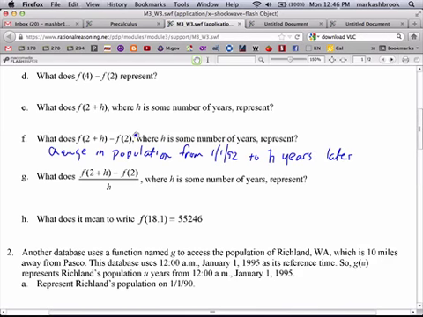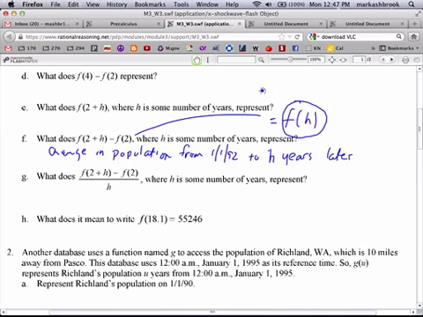Okay, so does it equal f of h? Does it equal f of h? What does f of h represent? Let's flesh it out here. This is a great question, and it's something that students do all the time.